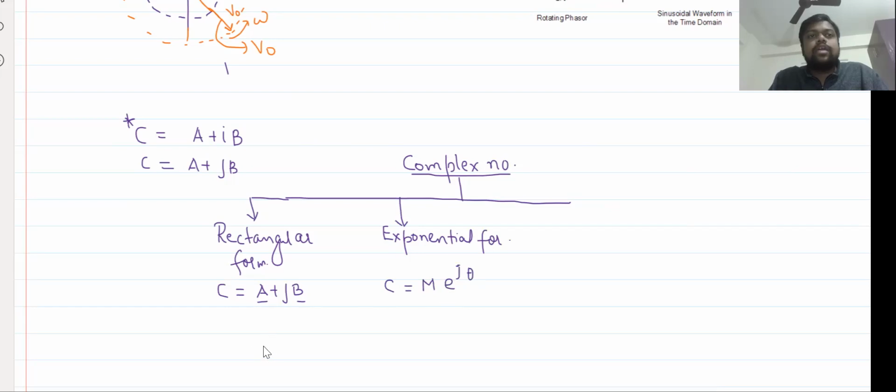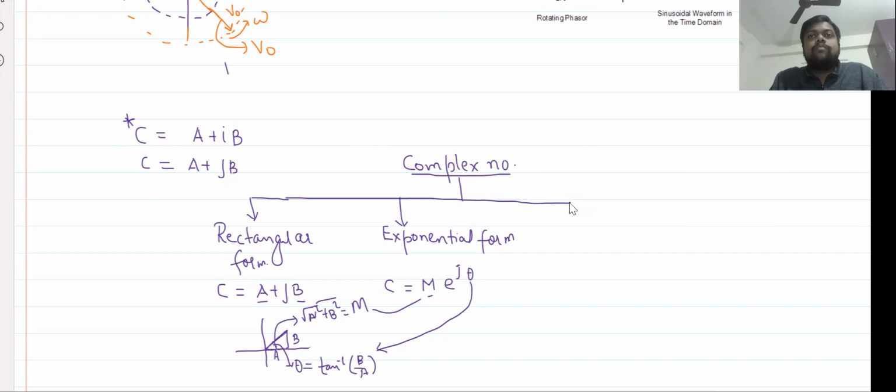You can represent this on the complex plane, just like a vector. This is A, this is B, this is theta. Theta you can find as tan inverse of B by A, and the length of the hypotenuse you can find as root over A square plus B square, which you can write as M.